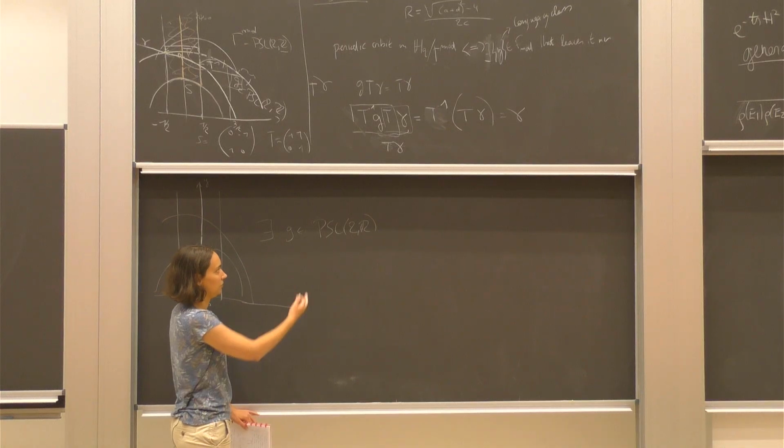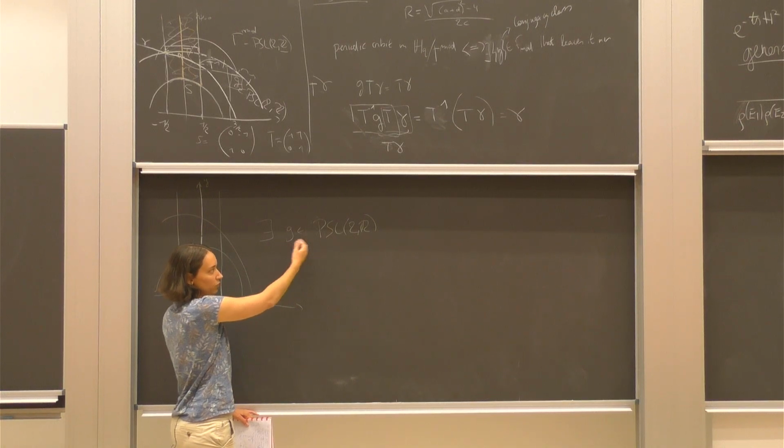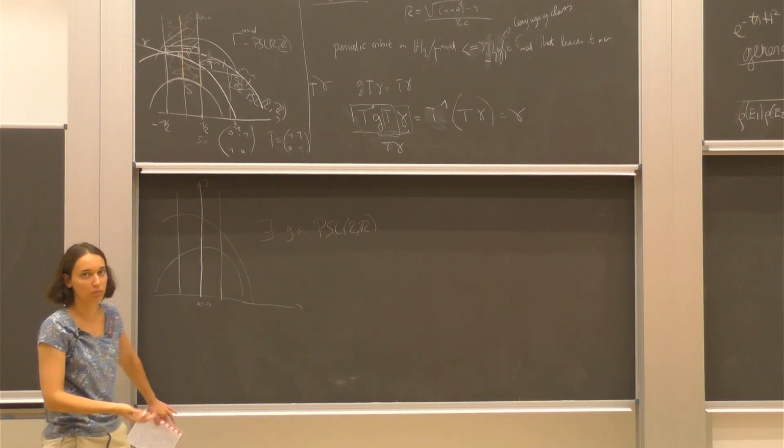It's basically the statement that you can use these fractional linear transformations to map any geodesic into one another.